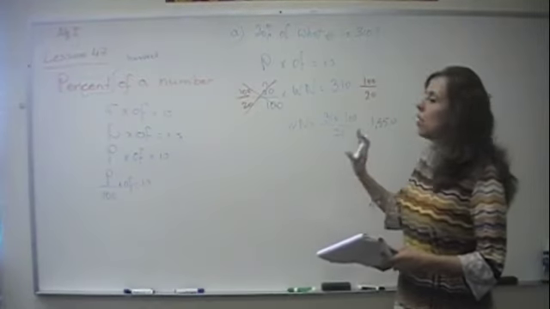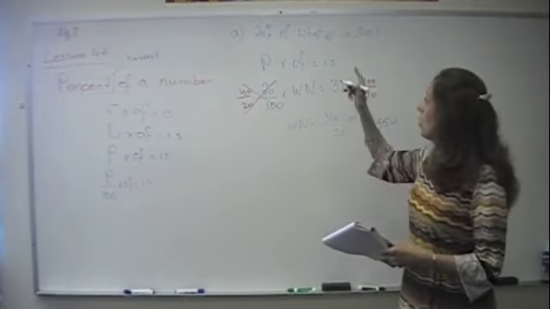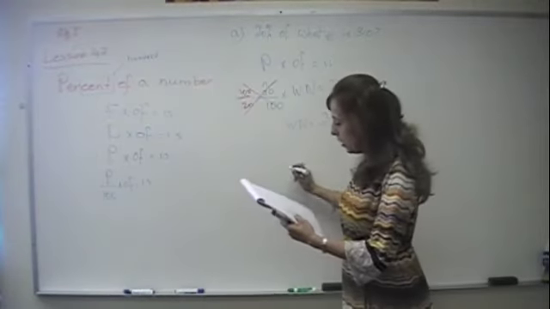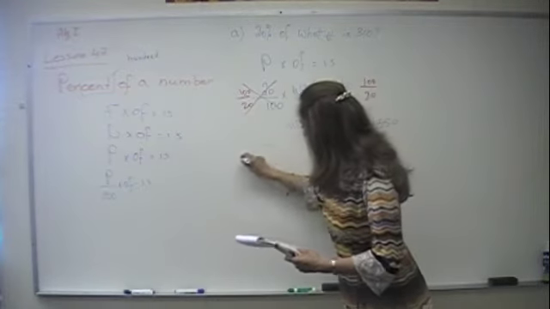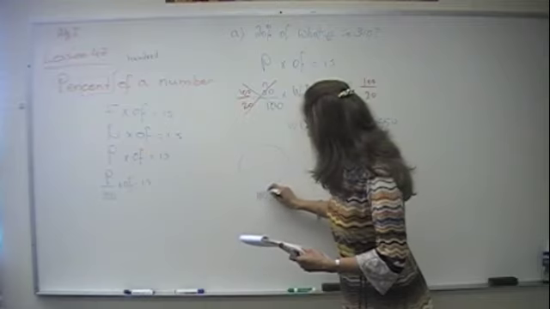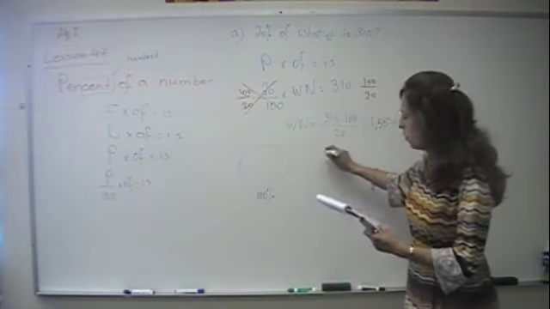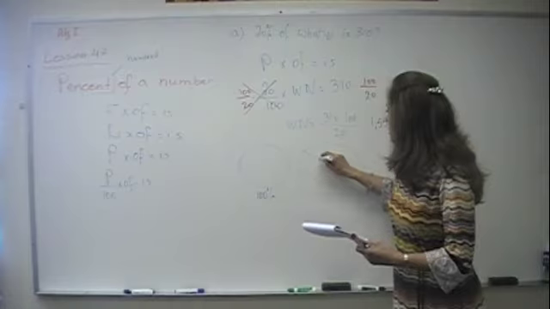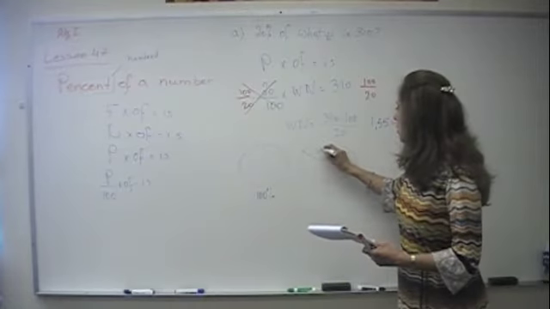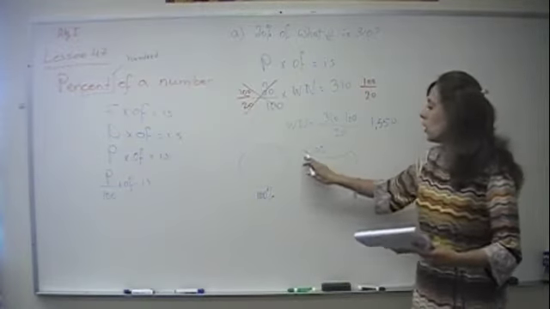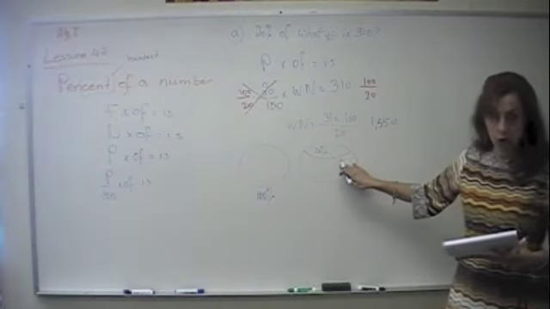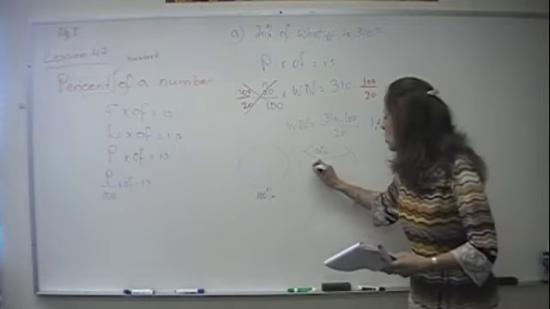If I want to diagram what I said, 20% of what number is 310? Here's the whole thing, which is 100%, and the 20% is right here. If this part is 20%, how much is the other part? 100% minus 20%, which is 80%.